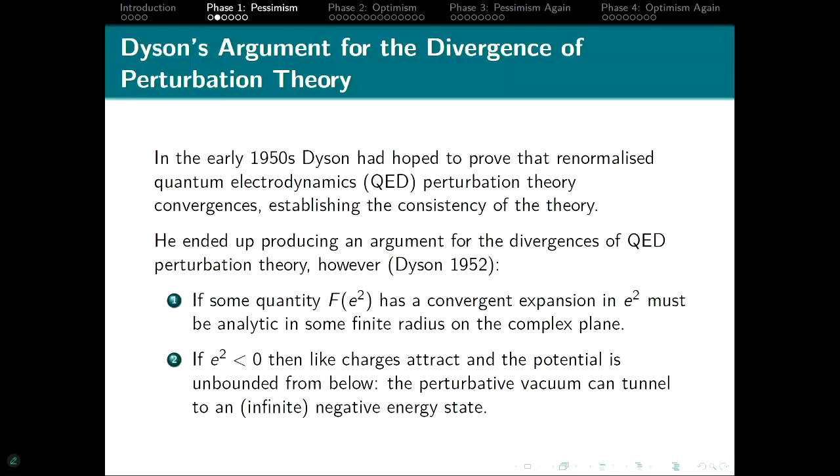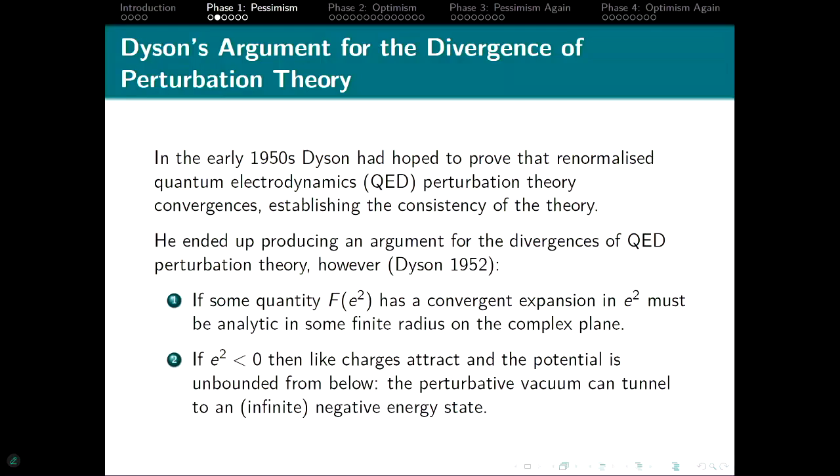So we need to think about not just real values of e squared, but negative and complex values. But he argues that if we consider a theory with negative e squared, that theory is going to be an unstable theory.